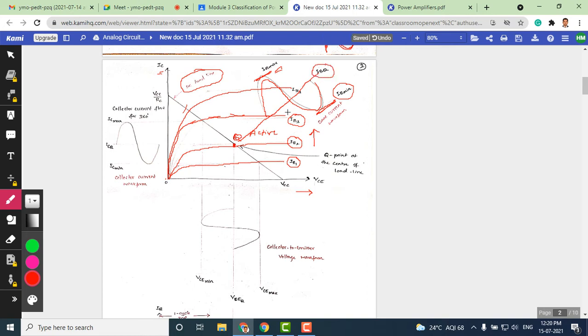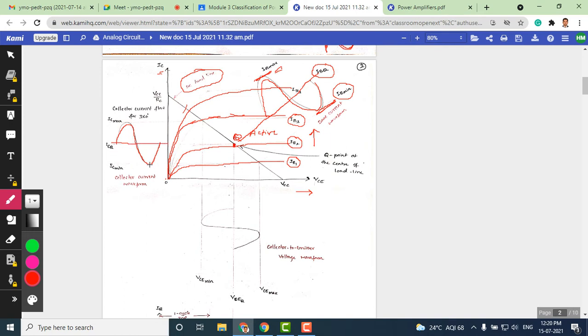This is an input signal. We are showing here the full cycle, because in class A we said that for the entire duration of the input base current cycle, the collector current must flow. As you are seeing here, collector current is flowing for the entire duration of the input AC cycle. So you can see here, this is the collector current. For the full 360-degree cycle the collector current is flowing.